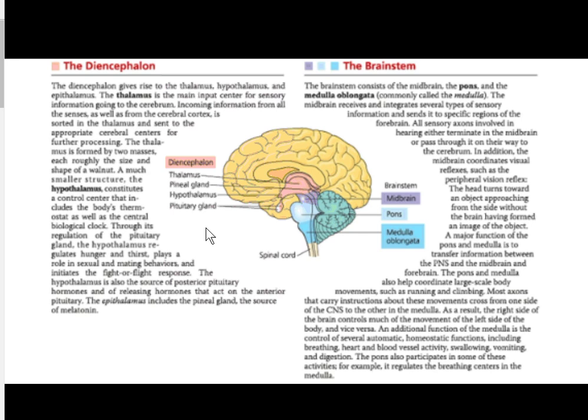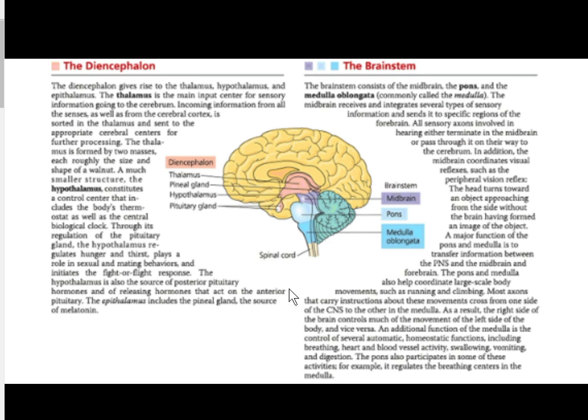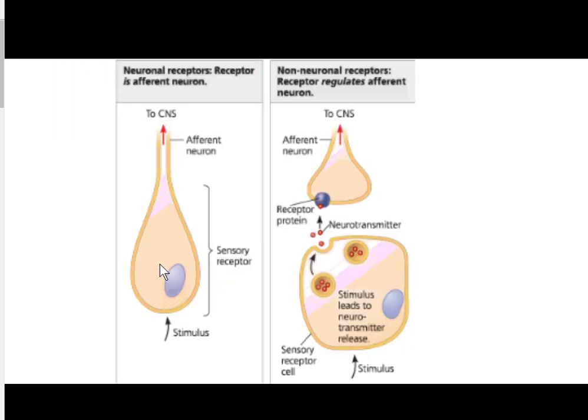Hypothalamus: thermoregulation, biological clock, hunger, thirst, fight or flight, a lot of that stuff. And then brainstem, more survival-ish stuff. Think of this as a lizard brain, just enough to make you breathe and move and that kind of stuff. The higher level of the brain, the more complex the behavior that's possible.